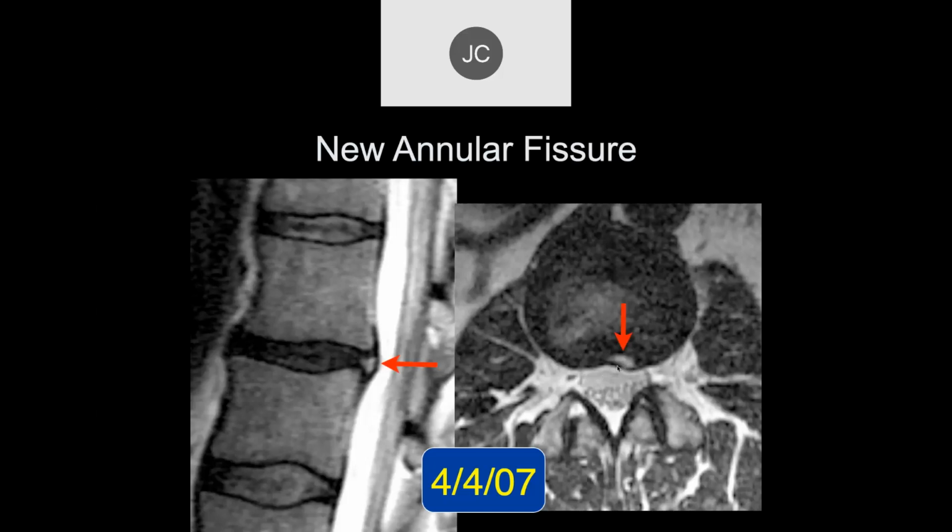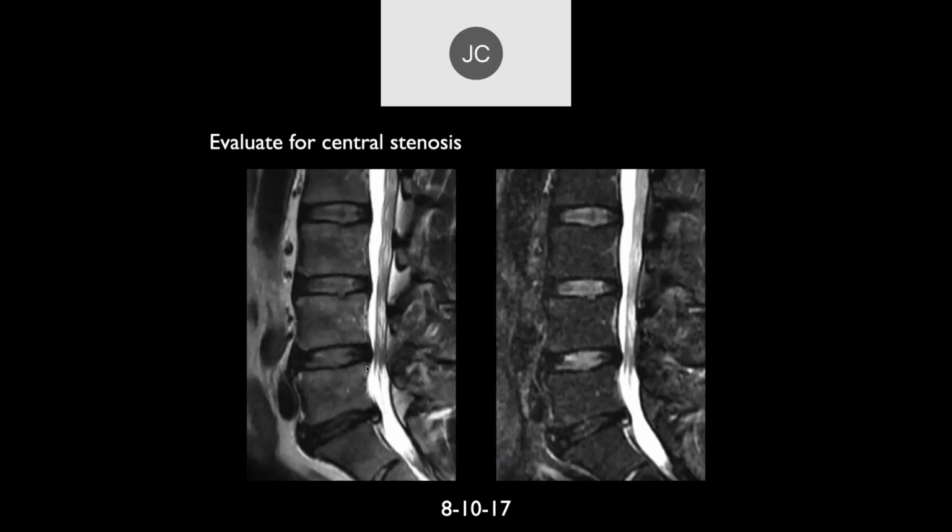Okay. So this is basically the development of a new annular fissure or a new high intensity zone, but it's heavily associated with desiccation and loss of height from the disc. So this is really a signature that you're dealing with degenerative disc disease. This does not affect the nucleus pulposus.